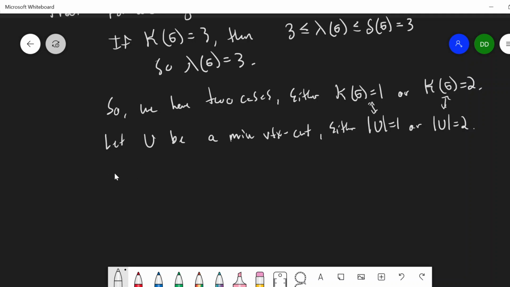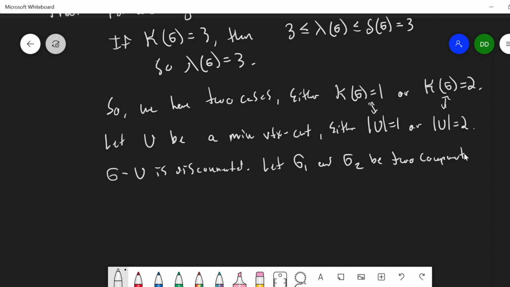And either way, G minus U is disconnected. And we'll let G1 and G2 be two components of G minus U. We know there could be a possible third component here, but we'll just use G1 and G2, and I have a claim to make here.